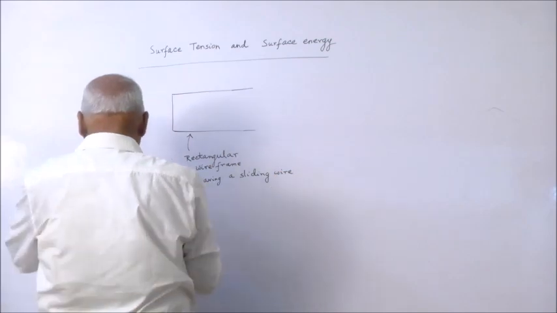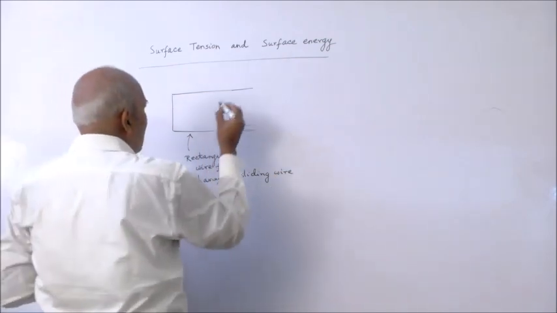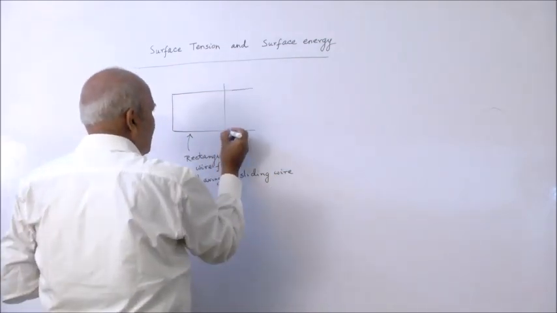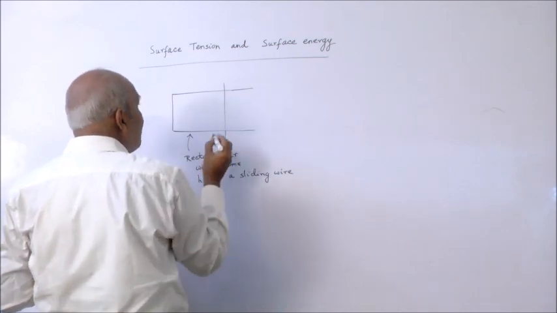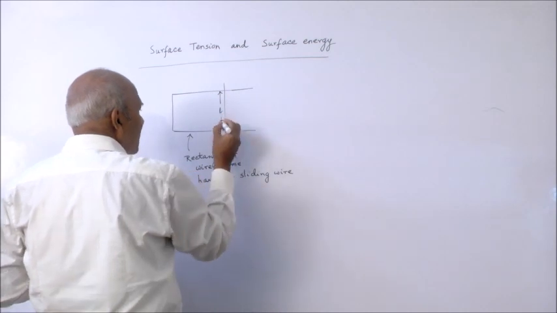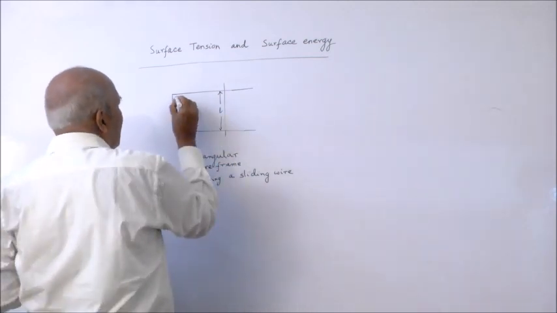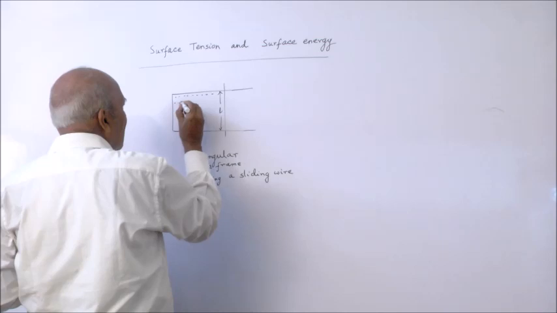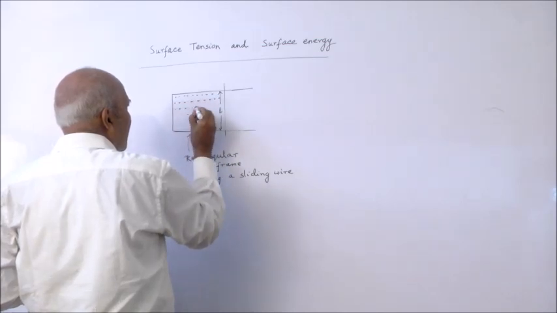There is provision for a sliding wire. So, this is the sliding wire and the length is say L, inside length, and there is a liquid film.